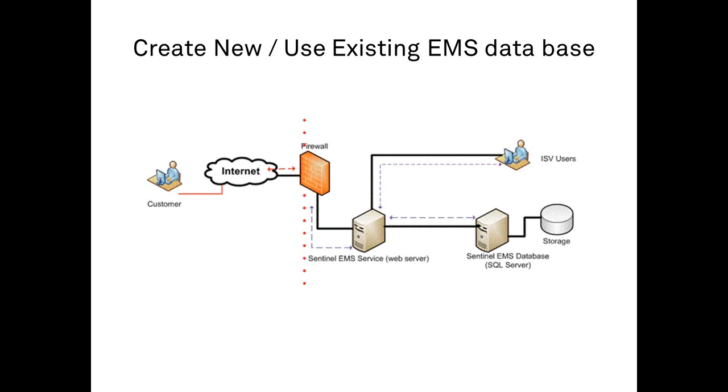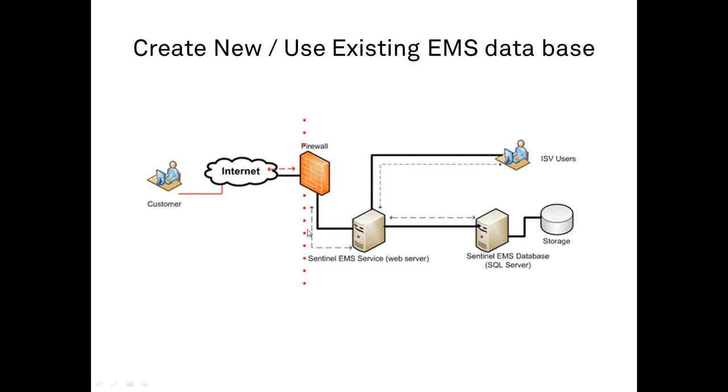This is a common view, let's say, of how the two machines are being used. Here we see the Sentinel EMS database with a SQL Server and the storage over here. So one machine has the SQL Server with the EMS database, and on another machine we have the web server and the EMS installed.